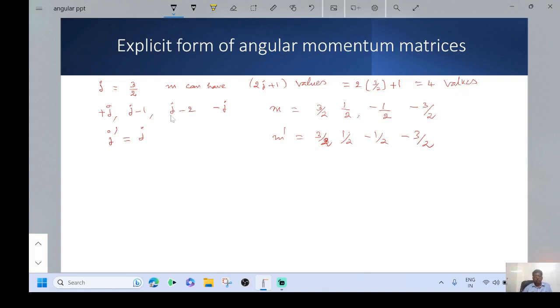For j equal to 3 by 2, the matrix order should be 4 by 4. Then the explicit form is j dash m dash, operator, jm. Here we do not know the operator. That may be j square, jz, or j plus, j minus, jx, jy, whatever it may be. This is the explicit form.